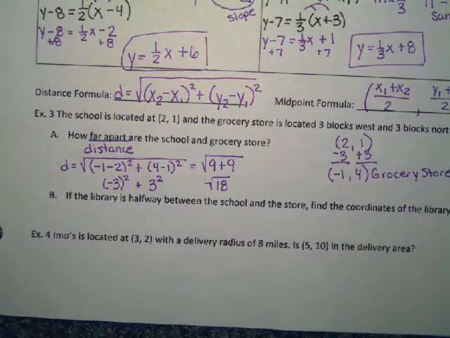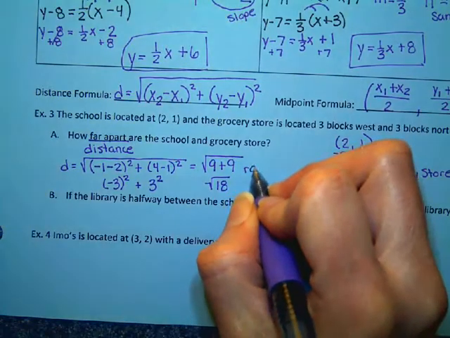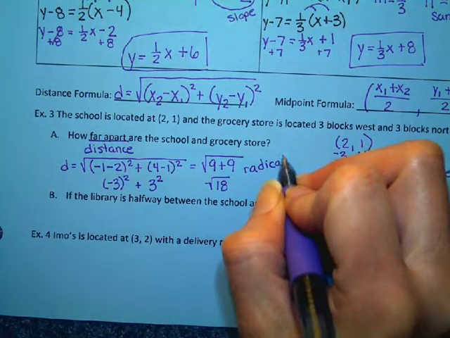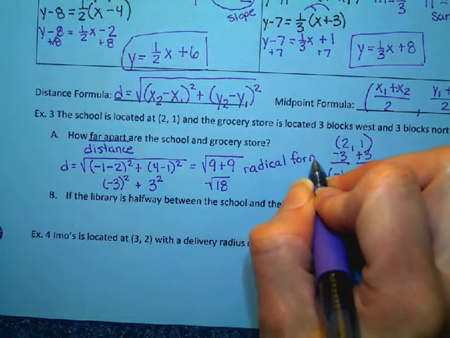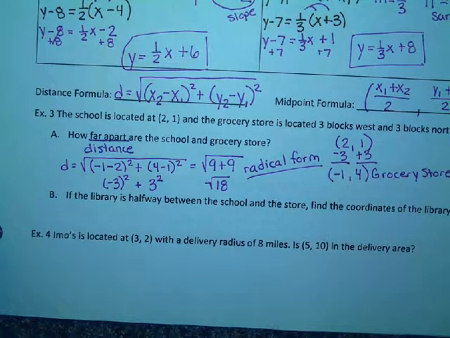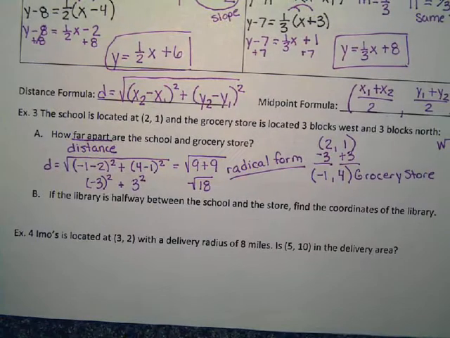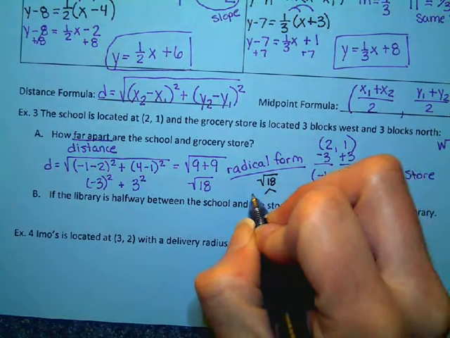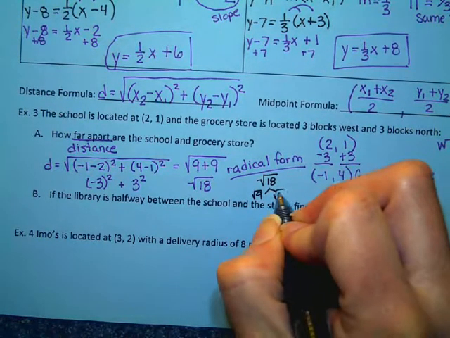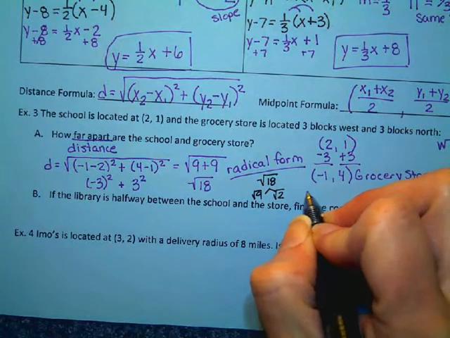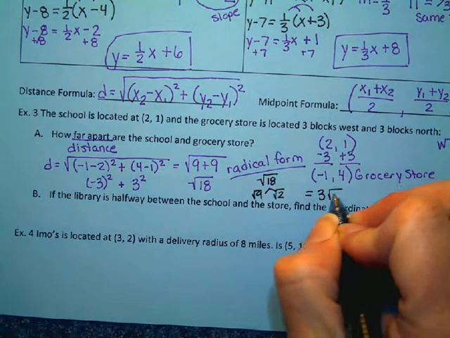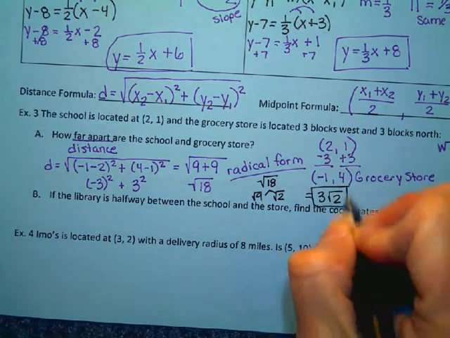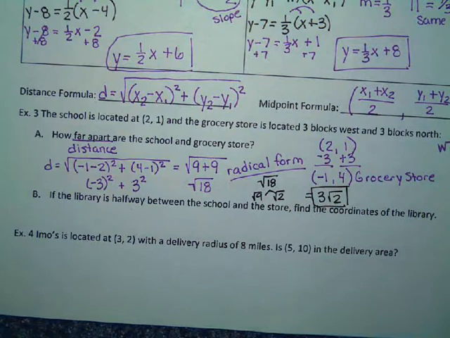So radical form means I need to take 18 and simplify it. If you guys remember, square root of 18 breaks down to 9 times 2. So I'm going to say that would be 3 square root of 2. So that would be my simplified version of that. It says on the homework you need to write an exact value for that distance.